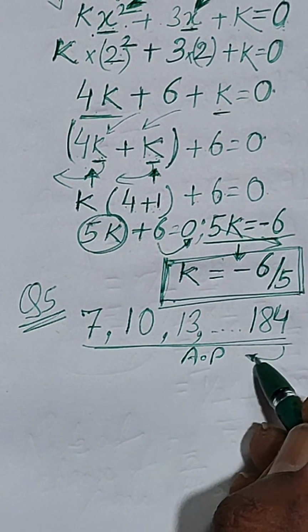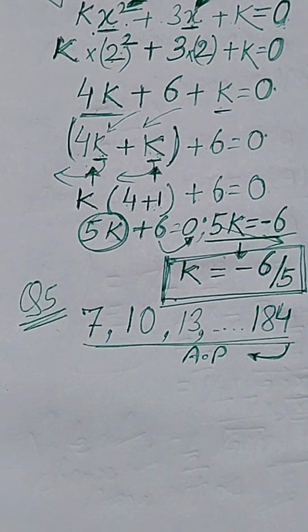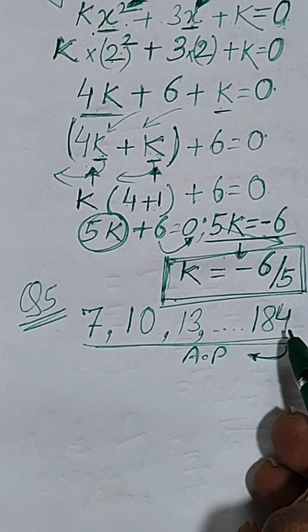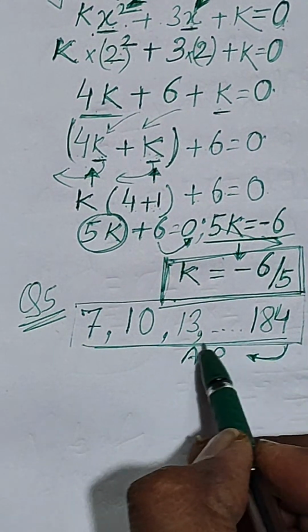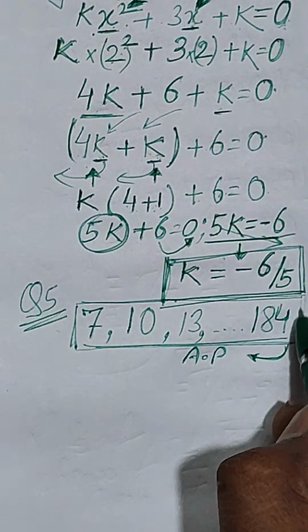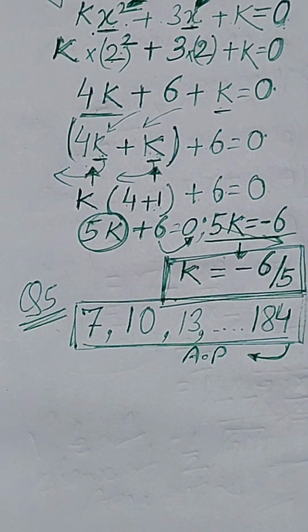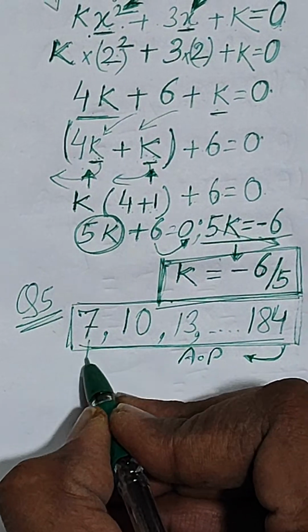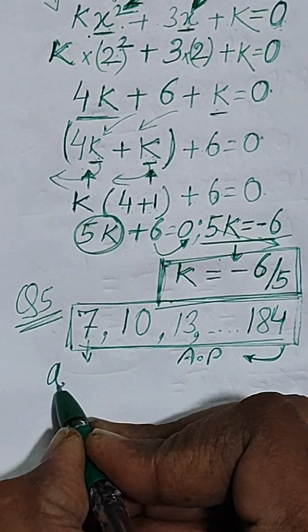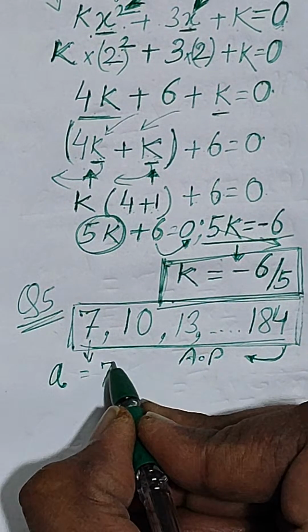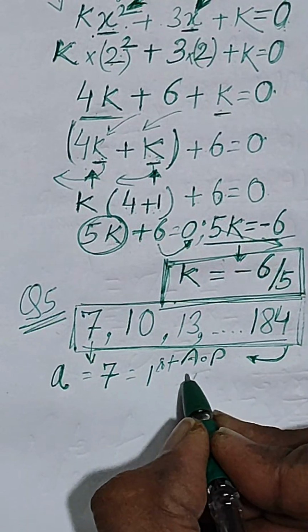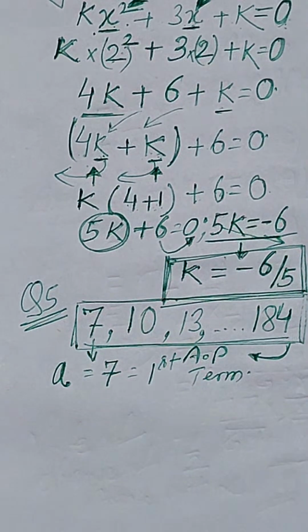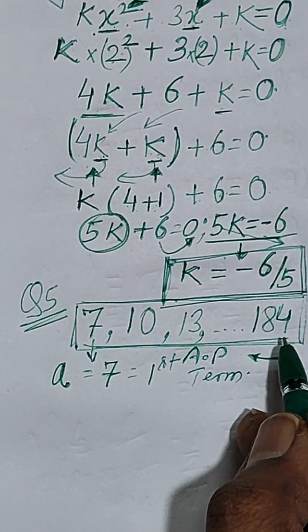We need to see from this side, the seventh term from the last. So first of all, see how many total terms are there, right? How many total terms in this AP? Here 7 is the first term, so we can write a as equal to 7. A is the first term. And 184 is the last term, definitely.